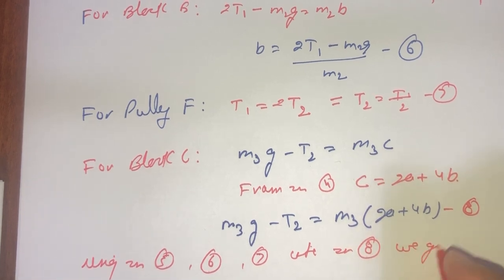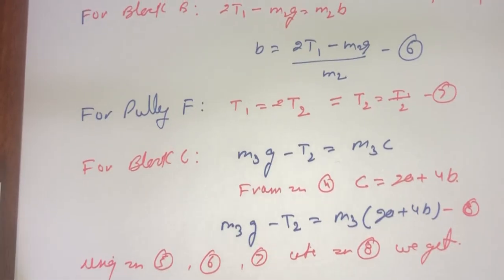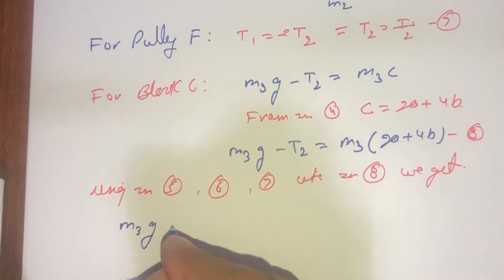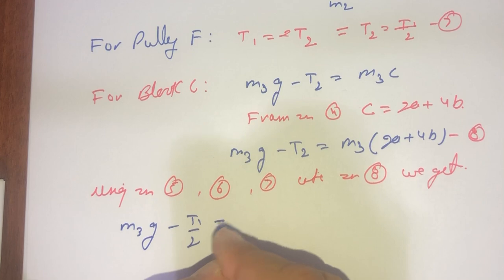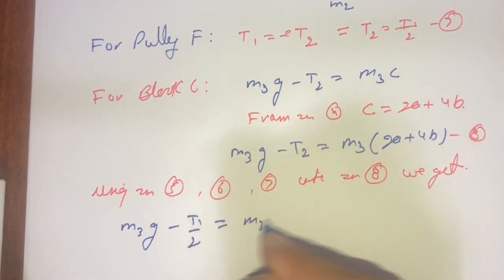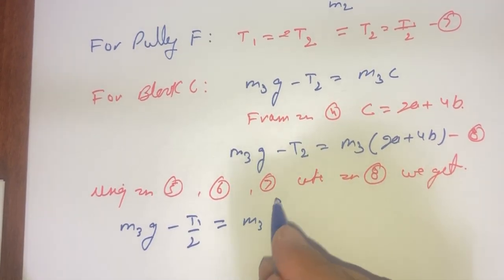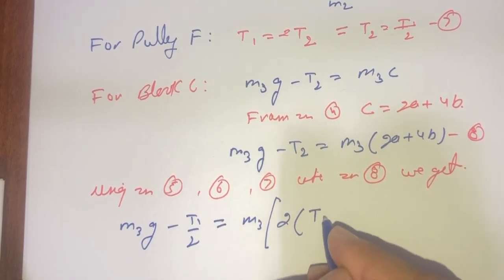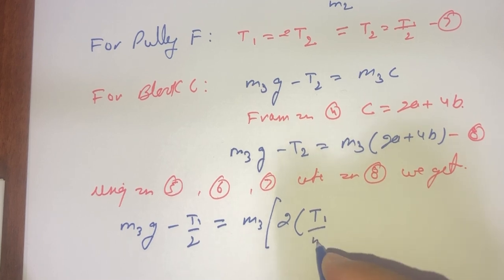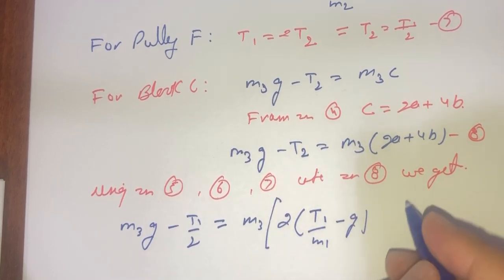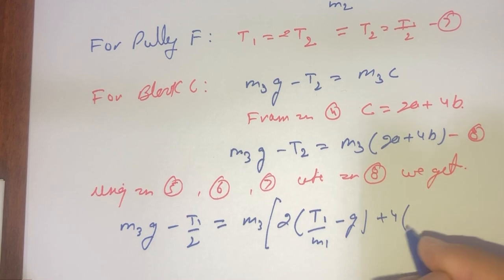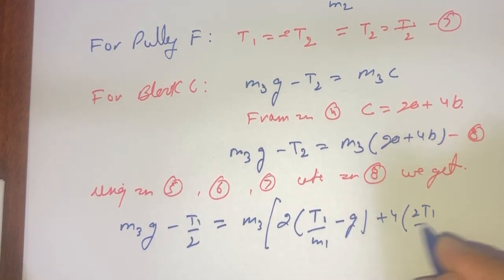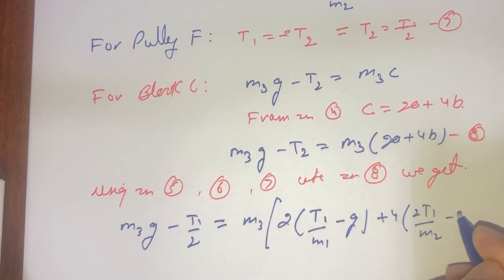So we get this as m3 g minus T1 by 2 is equal to m3 times, 2 times the value of A, that is T1 divided by m1 minus g, plus 4 times B, which is twice T1 divided by m2 minus g.